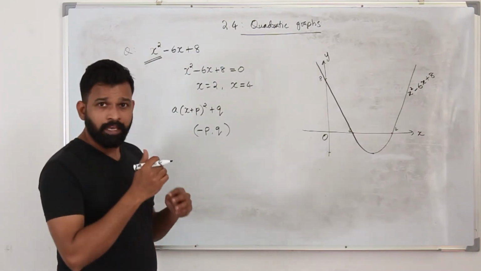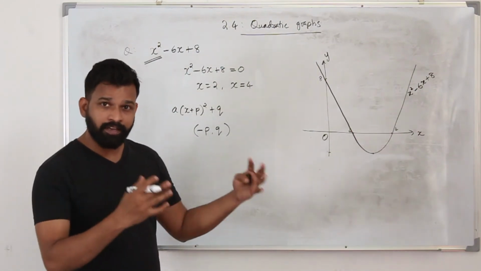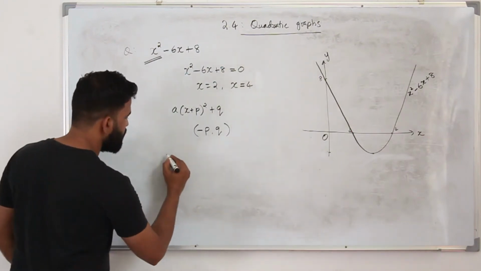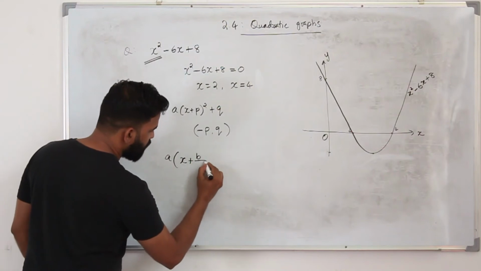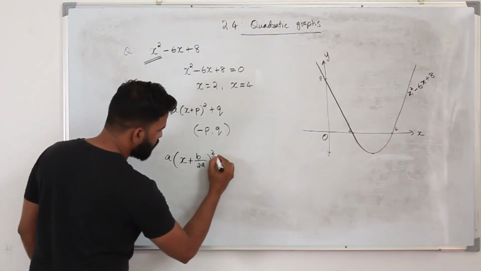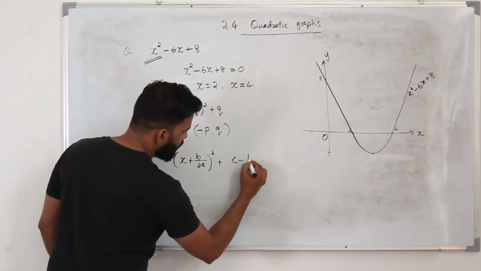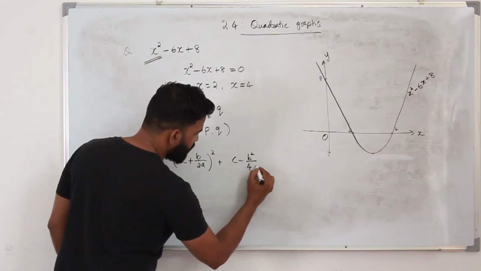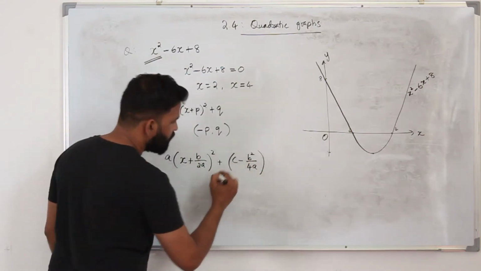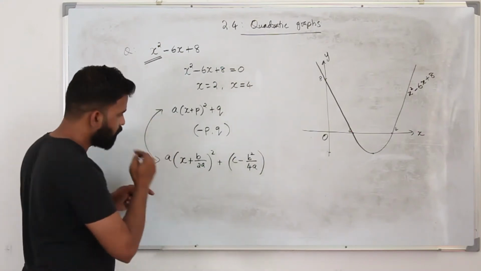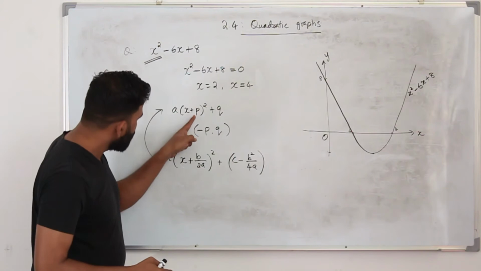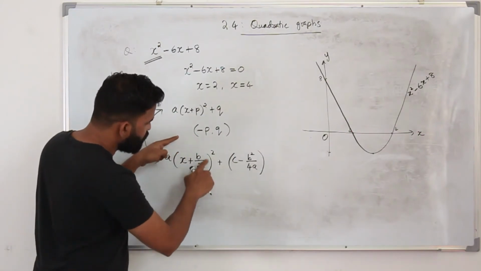Or if you apply the derived formula that we learned in completing the square, a into (x plus b upon 2a) whole square plus c minus b square divided by 4a. You compare these two. What is your a? a is a. What is our p? p is b by 2a.